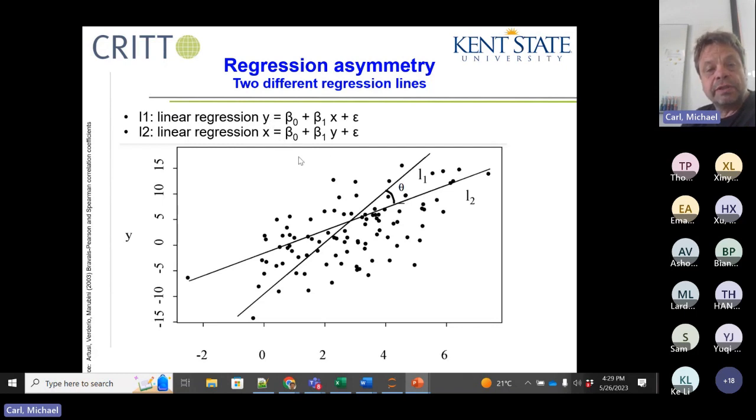Now you could also in principle reverse this and predict the x given the y, and then you can see here that you see two different lines, okay? So this is just an indicator that the orientation of the x and the y is not independent, so it produces a slightly different slope.